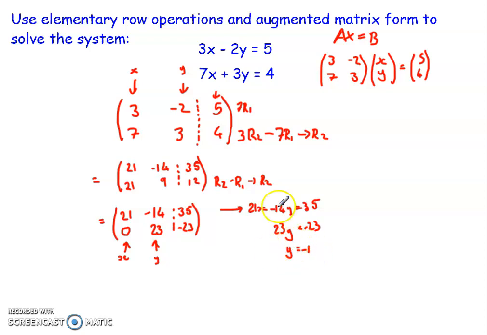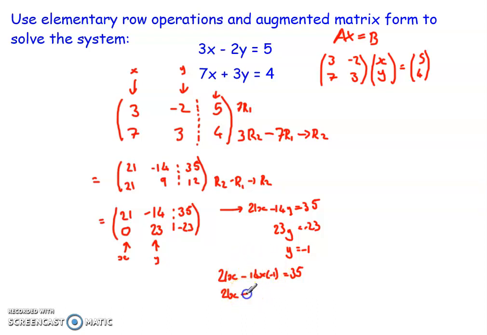I can then take that negative 1 and substitute it into this first equation to solve. So what I can say is 21x take away 14 times that negative 1 is equal to 35. So I've got 21x, and 14 times negative 1 is negative 14.